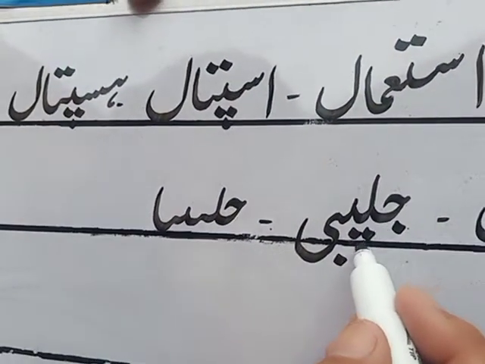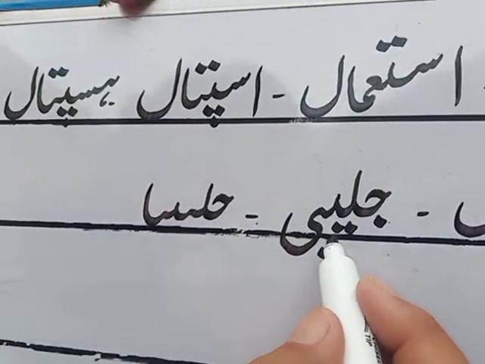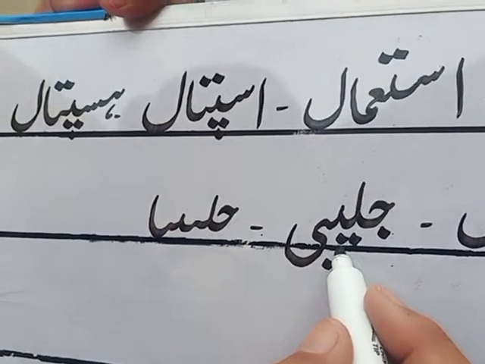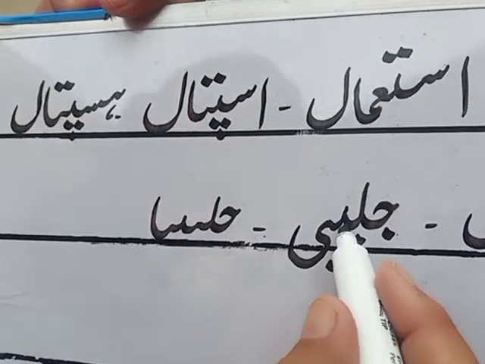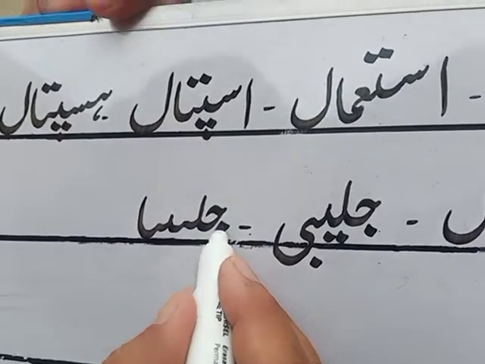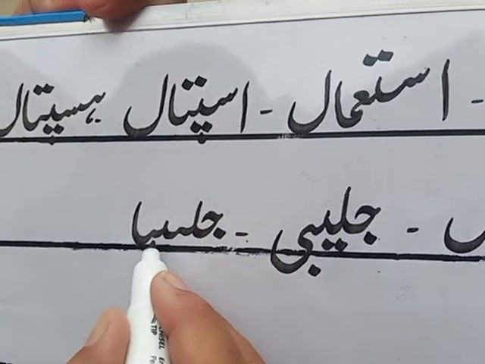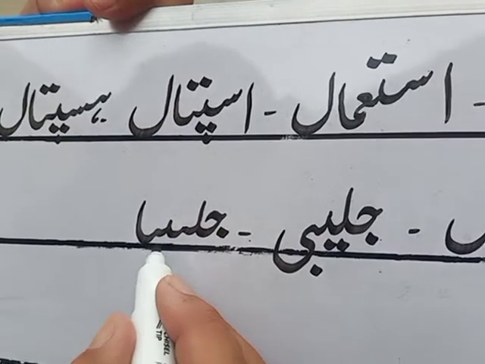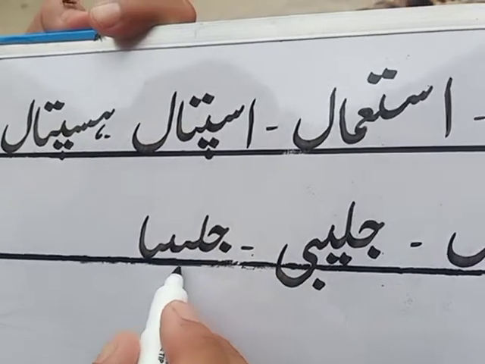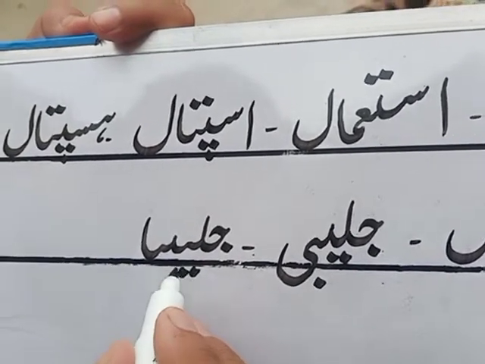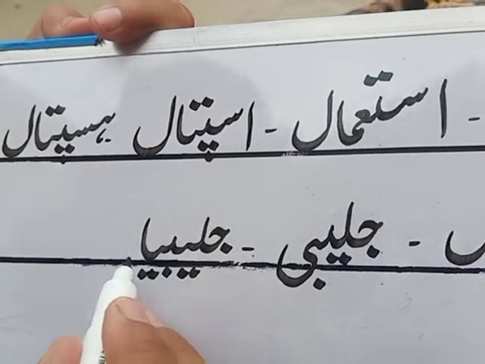You can see that in jalebi, for ye is right shosha, and in jalebiyan shosha is written for be. Jalebiyan.